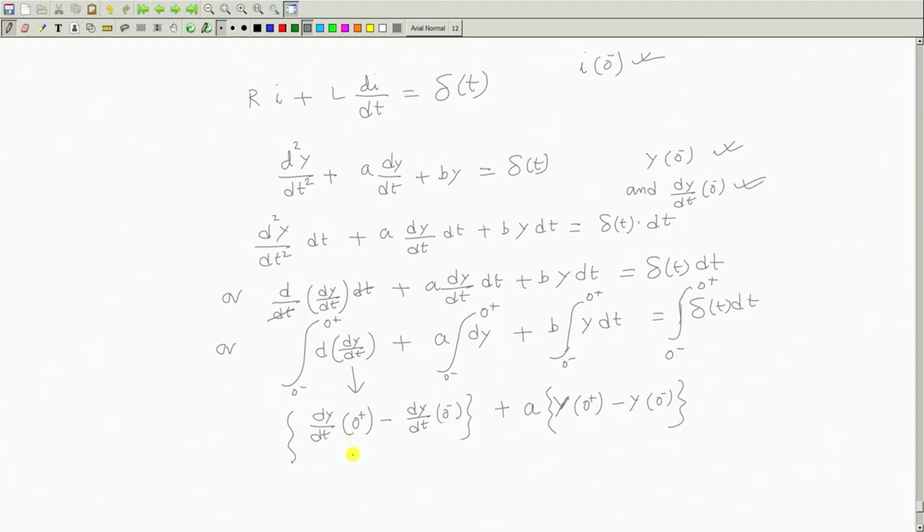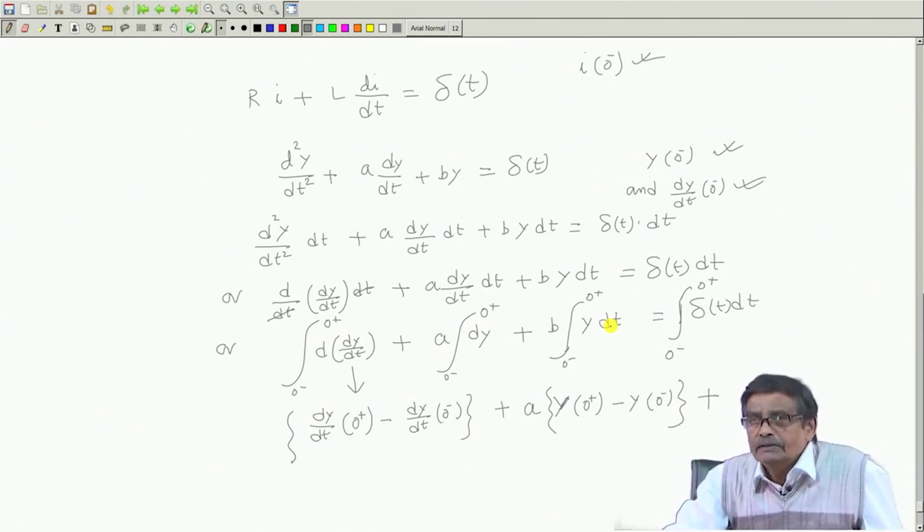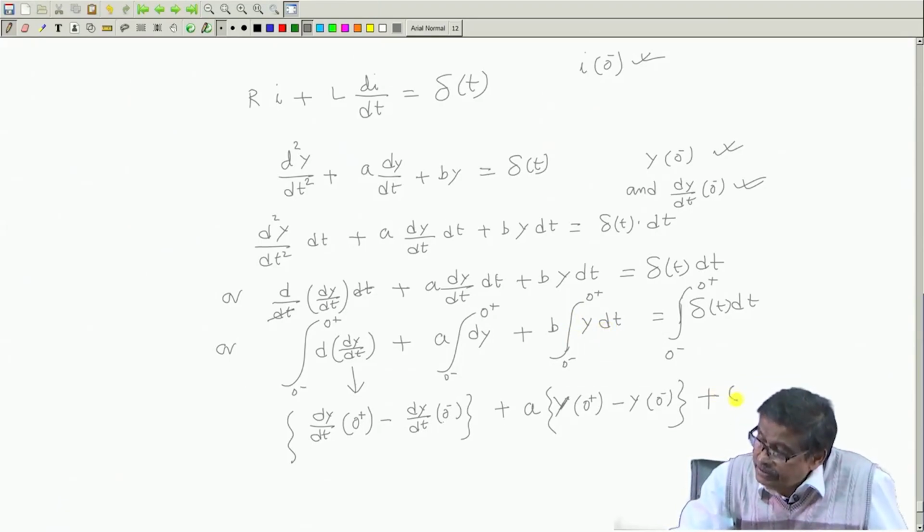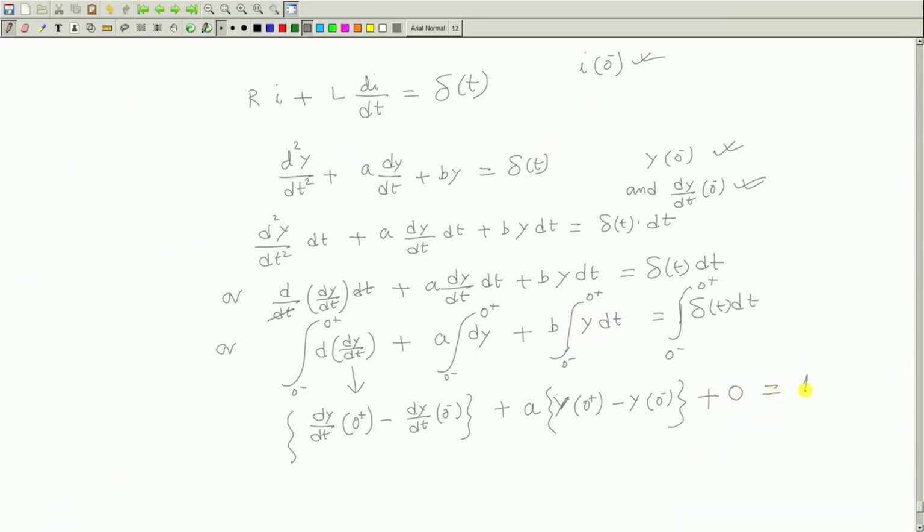This will be this thing, and this integration of y dt from 0 minus to 0 plus will be 0, because even if y changes by a step, it does not matter, dt is very small. So the functional value of y really does not change, only dt becomes vanishingly small. So it is insignificant, 0, and this should be equal to 1 here.